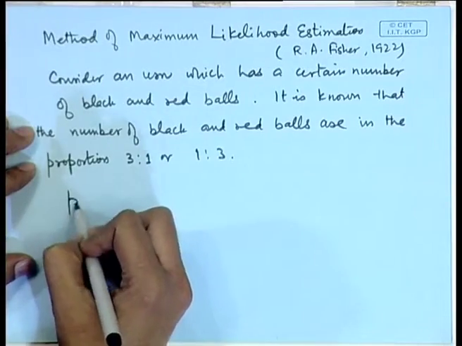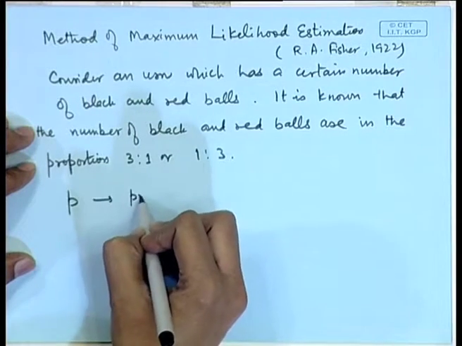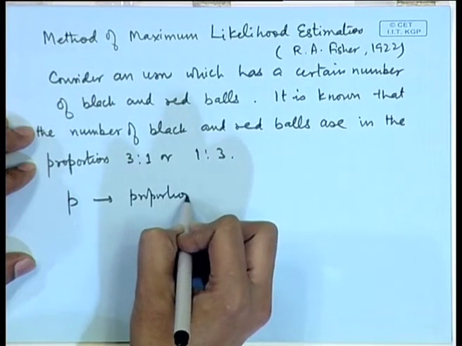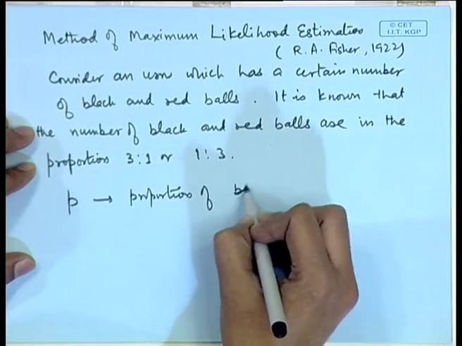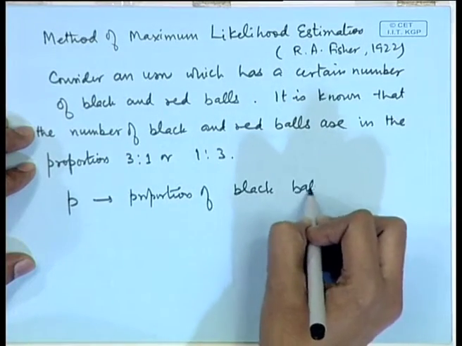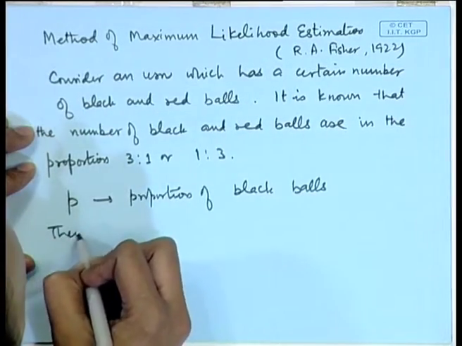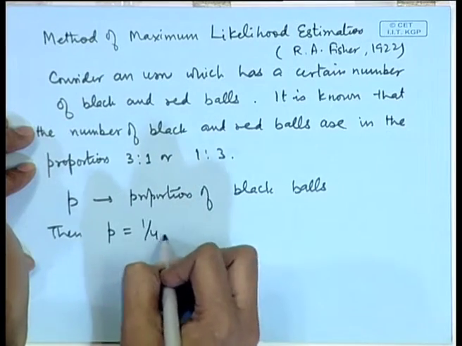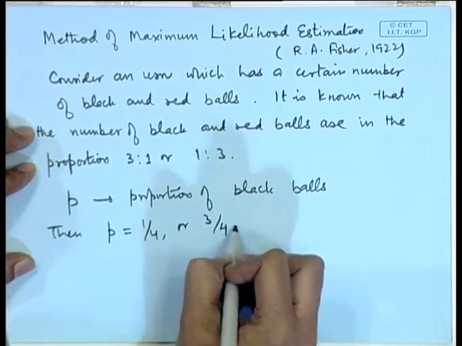The problem is that we want to estimate this proportion to know whether blacks are more or reds are more. So let me denote P as the proportion of, say, black balls. Then P is either 1 by 4 or 3 by 4.